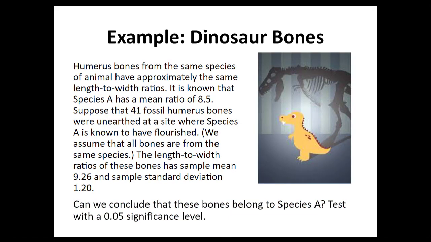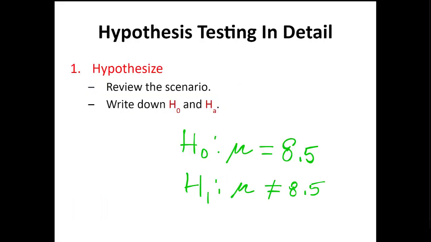As I look at this, I notice that species A has a mean ratio of 8.5. So that's going to be the population mean for the humerus bone. The sample size was 41 humerus bones, and when they took the average ratio of these 41 sample bones, that mean ended up being 9.26, and the standard deviation was 1.2.